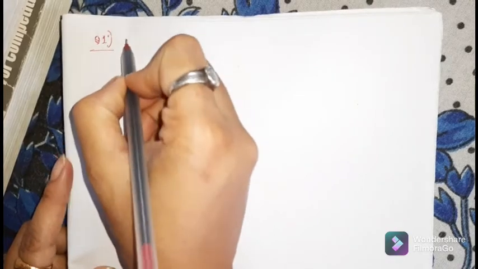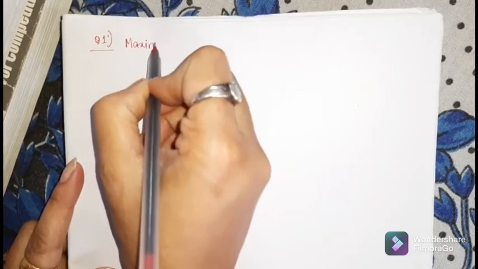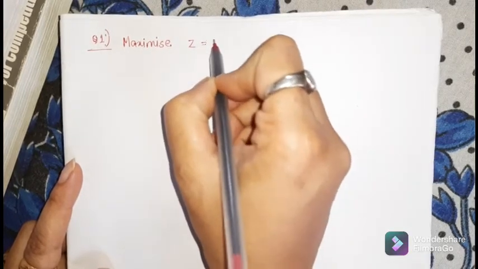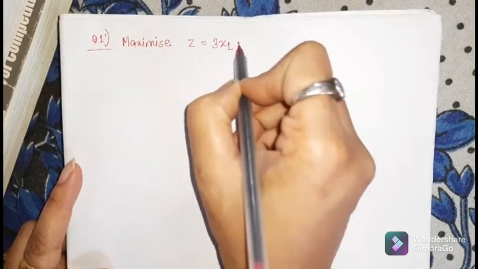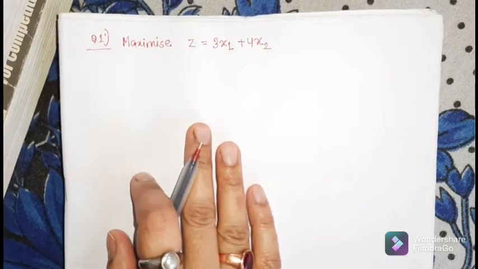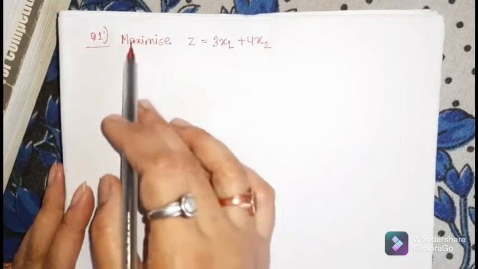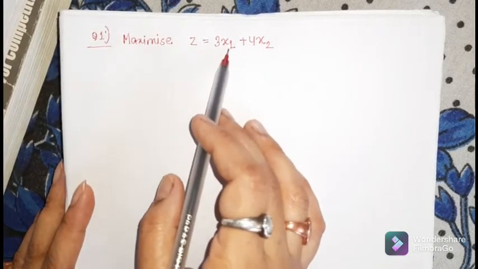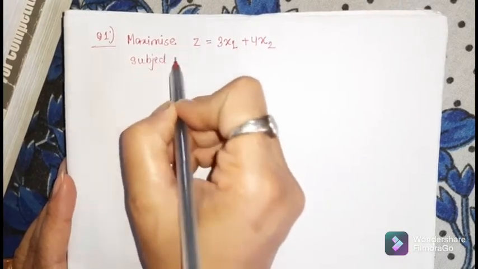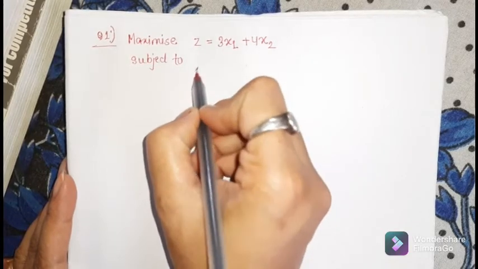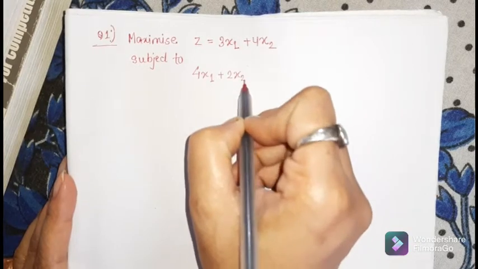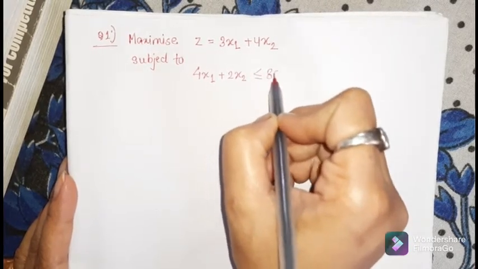So the problem is: maximize z equals 3x1 plus 4x2. This is your objective function, z equals 3x1 plus 4x2, subject to the constraints: 4x1 plus 2x2 less than or equal to 80.